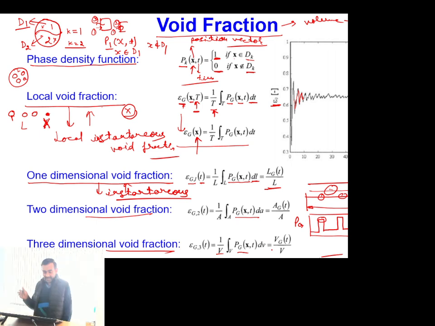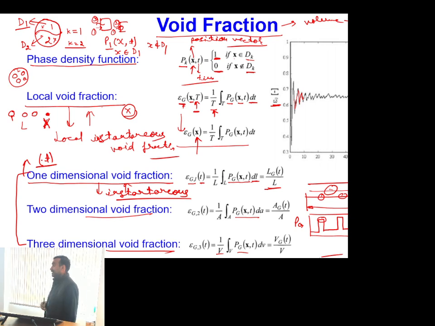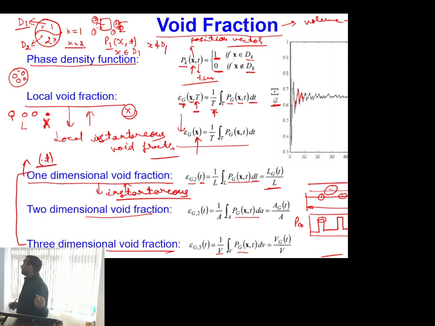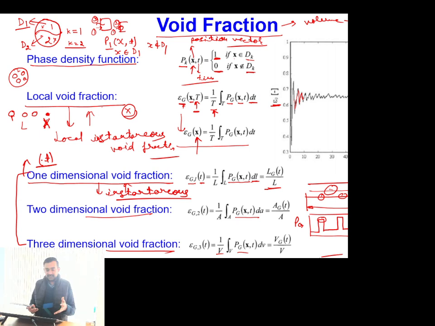But you have to remember that all these three quantities have functional dependence on time. So it means these quantities are nothing but the instantaneous one-dimensional void fraction, instantaneous two-dimensional void fraction, and instantaneous three-dimensional void fraction. If you have to find the time average of these quantities, how can I find it out?